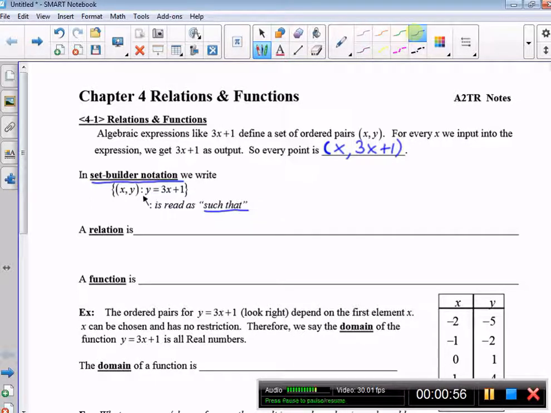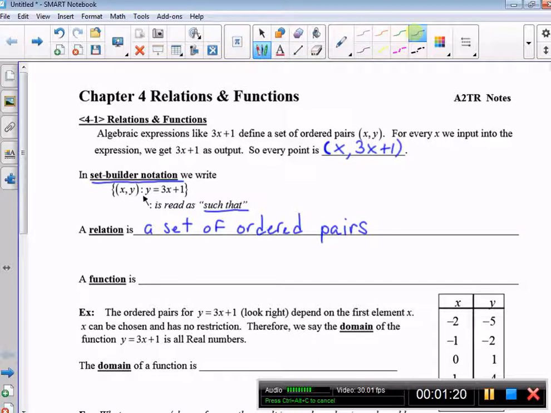A relation is a set of ordered pairs. Okay, so if you look at the table a little bit farther down, you've got a set of ordered pairs. That's a relation.